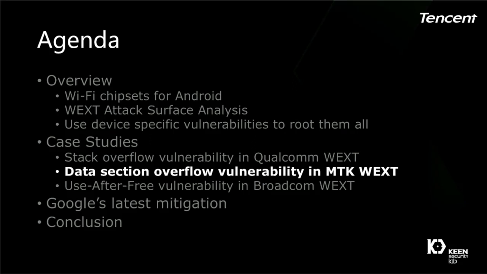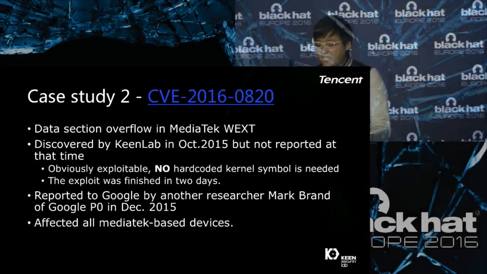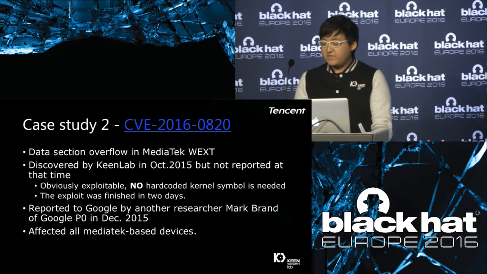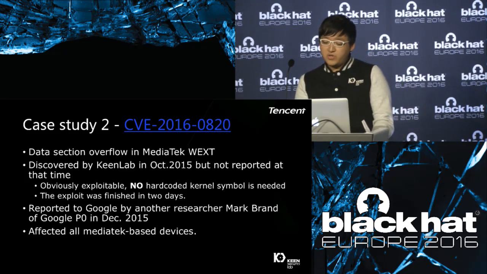The discovery of that Qualcomm vulnerability focused our attention on WXT, so I continued the work and found some other vulnerabilities in MediaTek WXT and Broadcom WXT. This bug is a data section overflow, and it's obviously exploitable. So I finished writing the exploit in 2 days without any hard-coded symbol address, and at that time we hadn't reported it to Google yet.